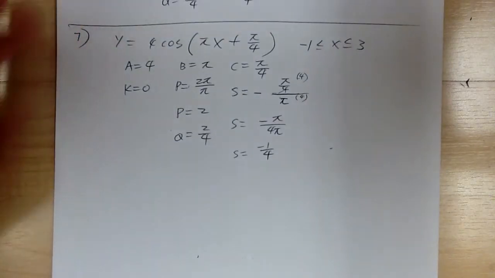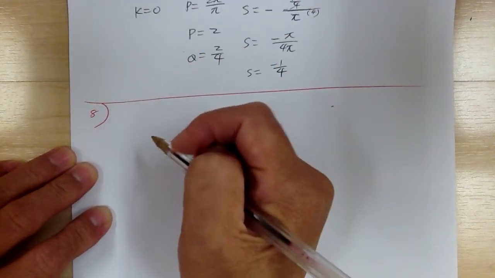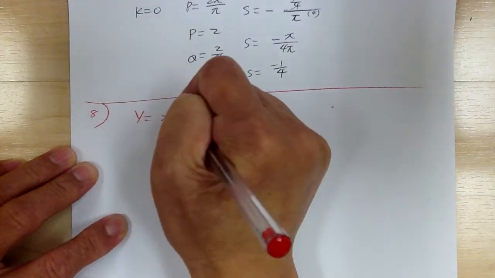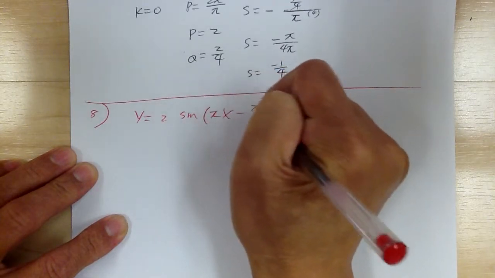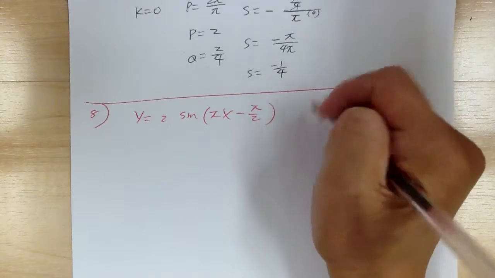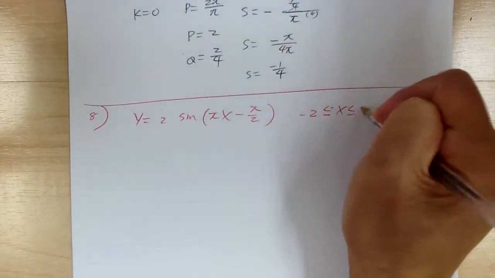Okay, let's go to number 8. Y is equal to 2 sine of pi x minus pi over 2. And you want to go from negative 2 to 2.